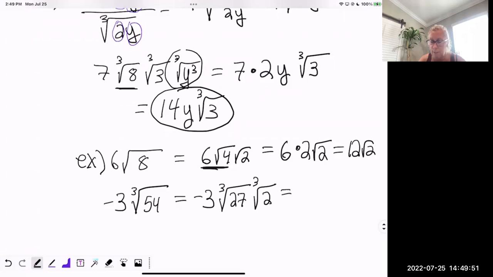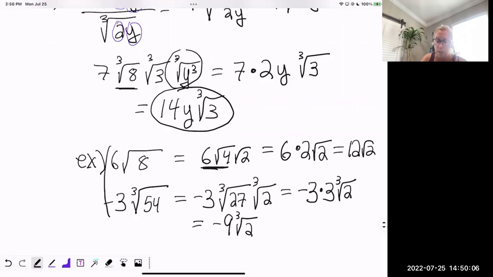Well, cubed root of 27, 3 times 3 times 3 is 27. -3 times 3, the cubed root of 2, which then makes -9 cubed root of 2. So a lot of times I get questions about what do you do with this number in the front? You're just multiplying them together. They're just hanging out to the end till you multiply them together.